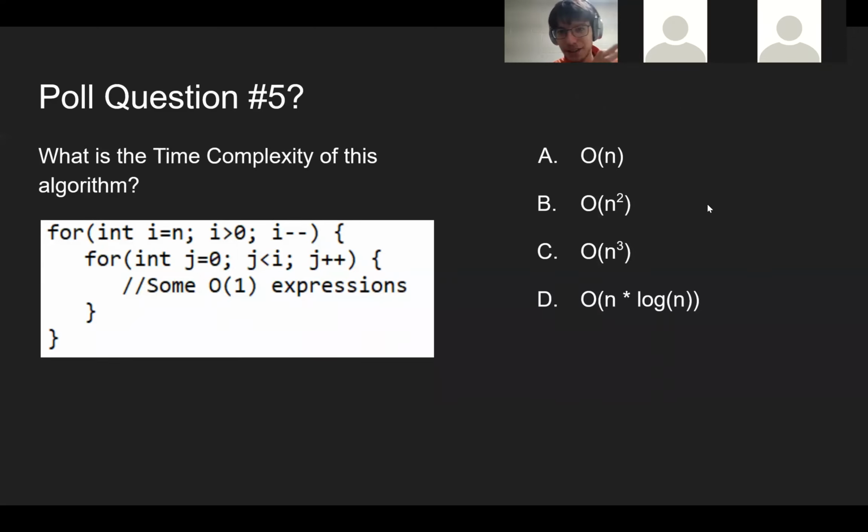And again, if you're online or watching asynchronously, you can pause.